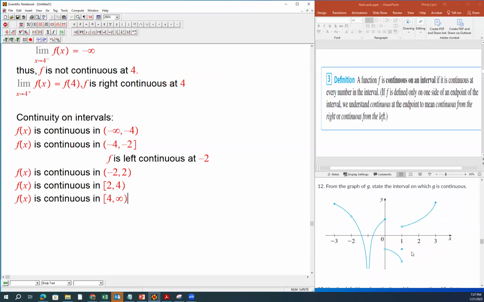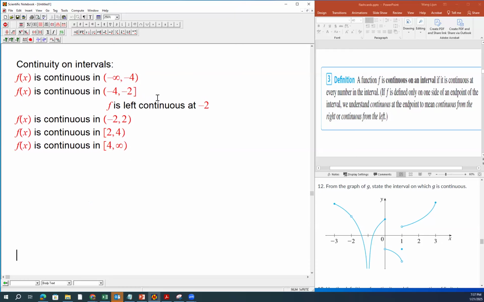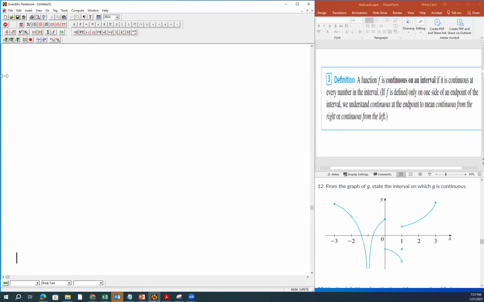Let's look at the next one. The next one, we look at the picture. Let's see if we can make our case, right? The function G is continuous in which interval?